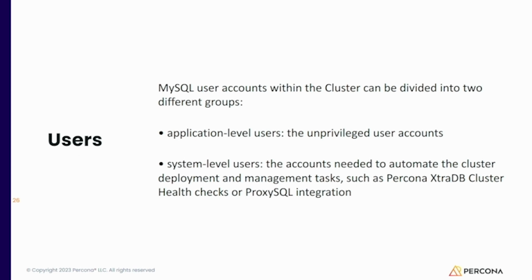Okay, user authentication and secrets. You can split users in two groups. One is application level users, the ones that will be used by your application and for day-to-day operations. The other are system level users, which are the ones needed for managing the different components and interactions.